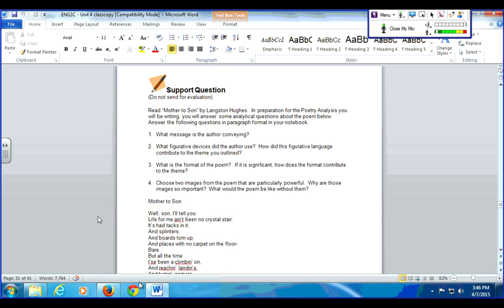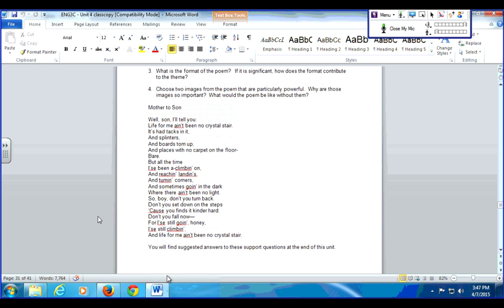How does this figurative language contribute to the theme you outlined? What's the format of the poem? Is it significant? How does the format contribute to the theme? And then choose 2 images from the poem that are particularly powerful. Why are those images so important? What would the poem be like if you didn't have them there?